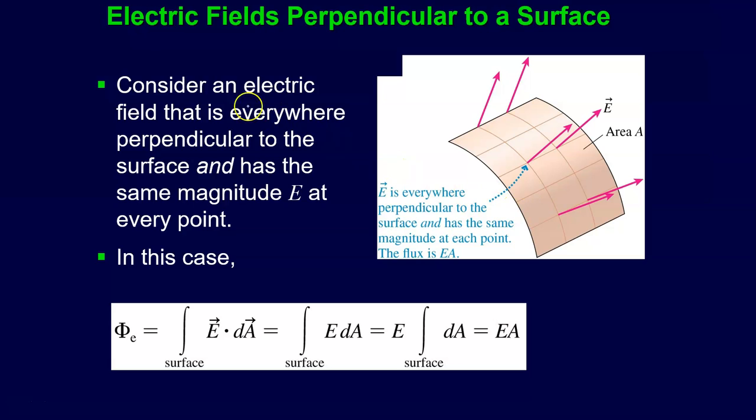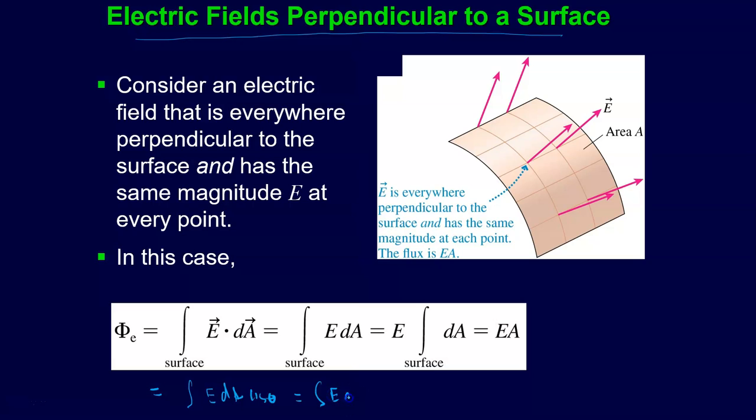The other situation is when the electric field is perpendicular to a surface, like in this picture here. In this case, the electric field is always constant and always 90 degrees to the surface. And so that's going to be a case that we're going to be very interested in. You can go through this sequence of events. Our definition is the integral of E dot dA. Now here, since E and dA are parallel, technically I would write this as an integral of E dA times cosine theta, but theta is 0.